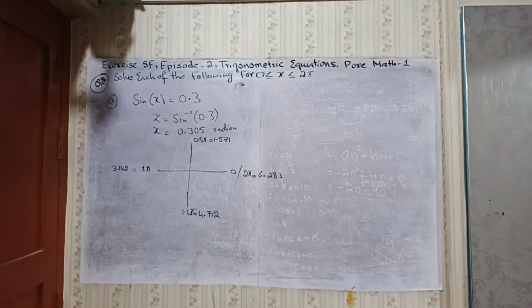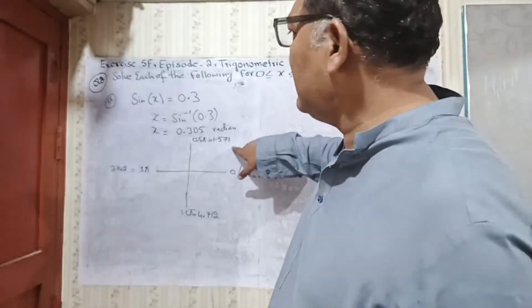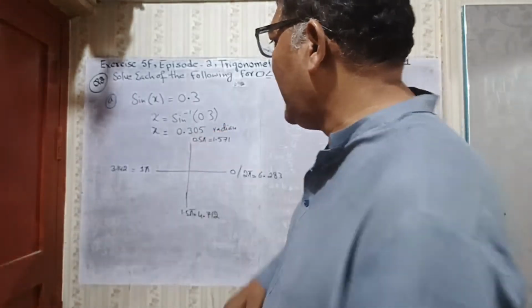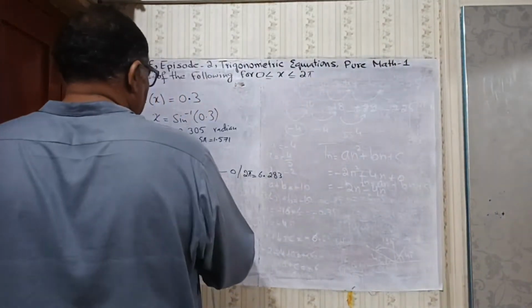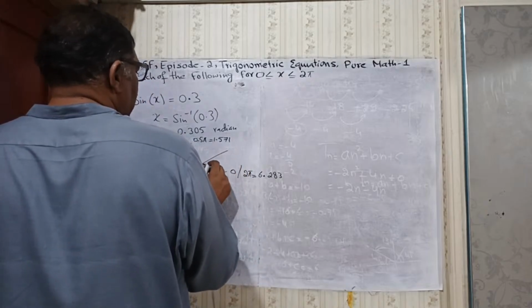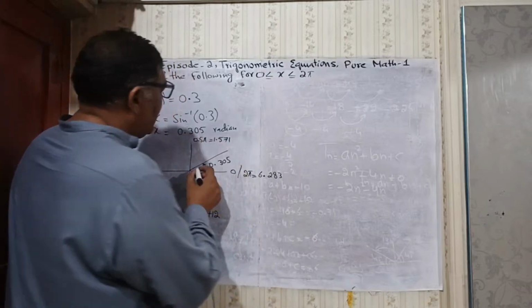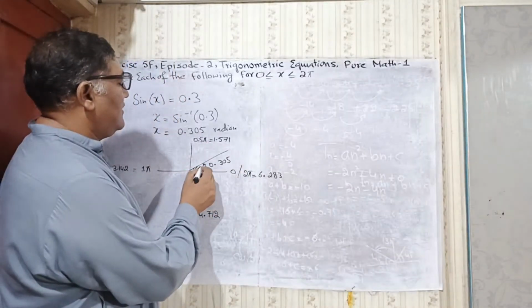Now the base angle we found in radians is 0.305. You see, this is 0, this is 1.571 radians, so 0.305 will be somewhere here. This angle in radians is 0.305, and this is my base angle.